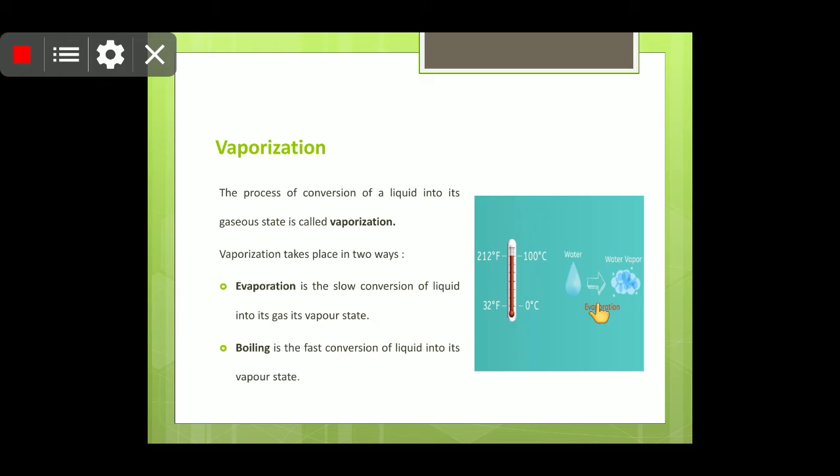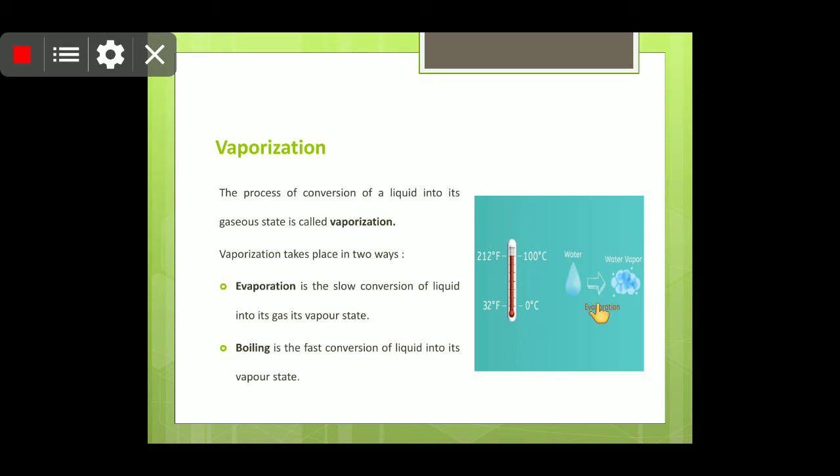So, children, a very basic example is that you must have seen that when you spread your clothes for drying outside under the sunlight, it is an example of evaporation. What happens is, when the sun's rays fall on it, the water evaporates slowly.